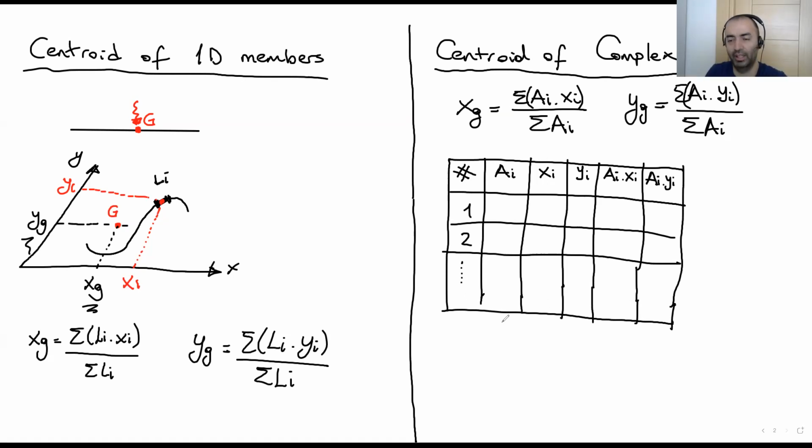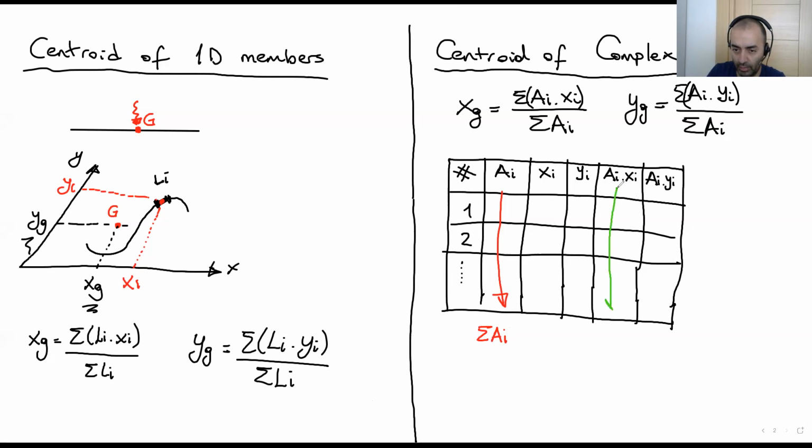So what will we get from this table? Here, you can see AI. We can get the total AI here. And then here we have AI times XI, AI times XI.